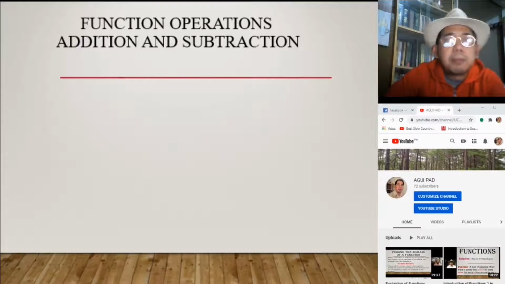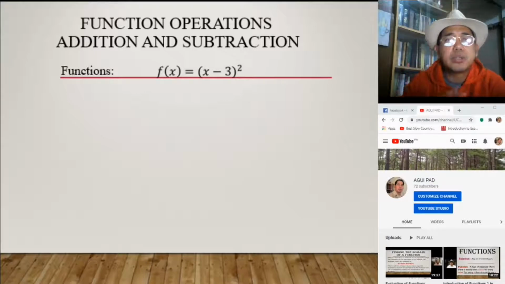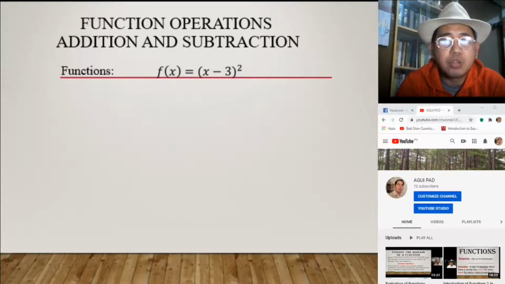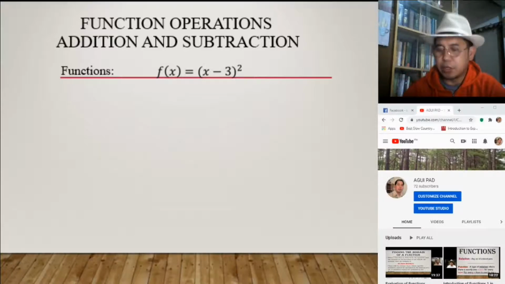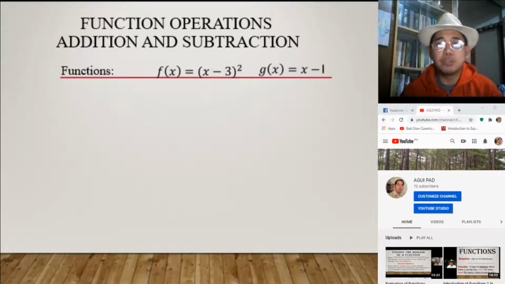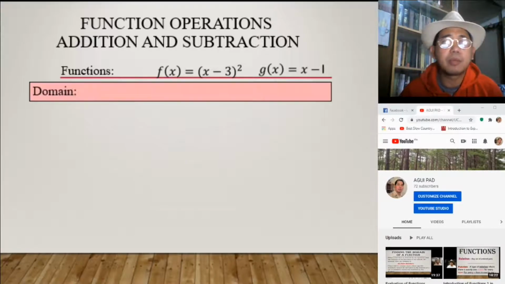Another illustration. So we have in here f of x defined by the expression the quantity x minus 3 raised to the second power, and g of x defined by the expression x minus 1.